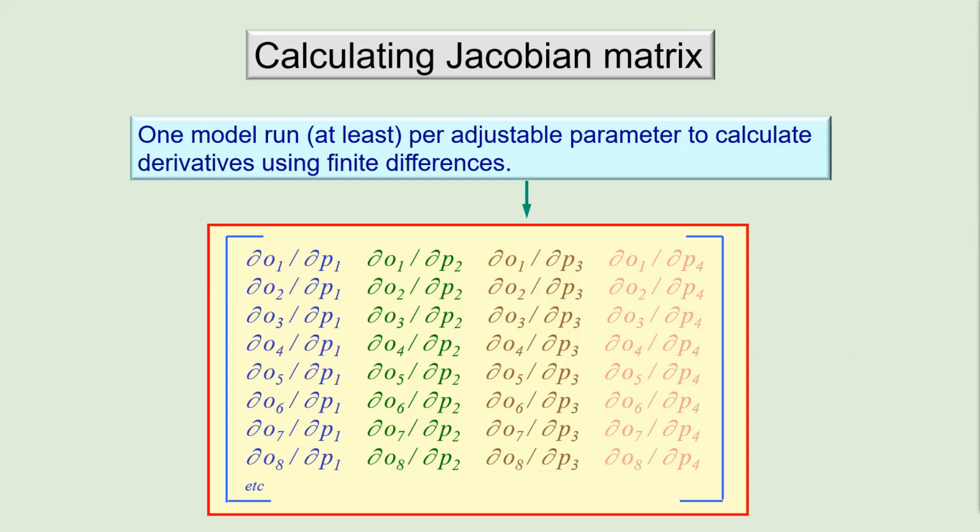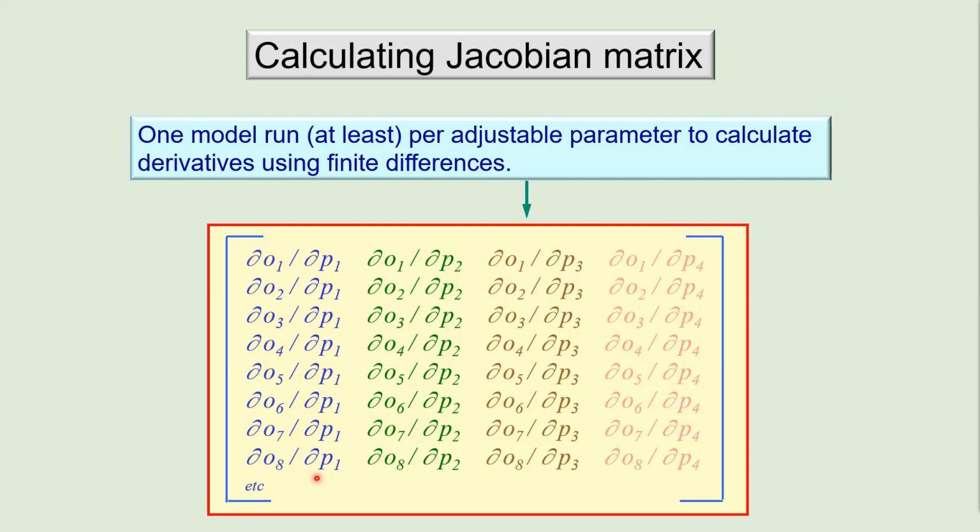It varies each parameter in turn just by a little bit. So it varies the first parameter a little bit, runs the model, has a look at the changes to model outputs, divides changes to model outputs by the change in the parameter, and that then becomes an approximation to the partial derivative with respect to the first parameter.